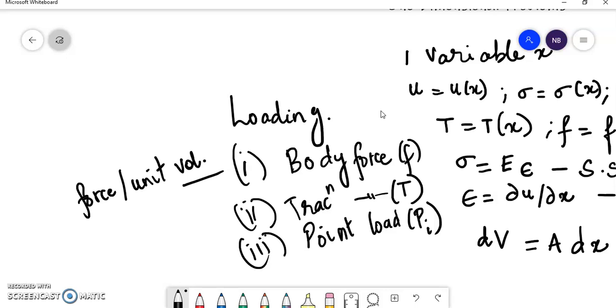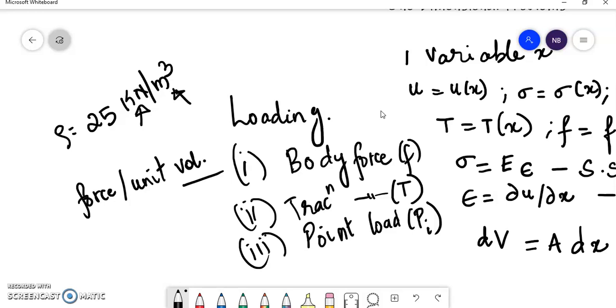So what is an example of a body force? We can say density. If we are talking about density of RCC, reinforced concrete, the density is 25 kilonewton per meter cube. So this is nothing but the unit of force over the unit of volume. The self weight due to gravity is an example of body force.